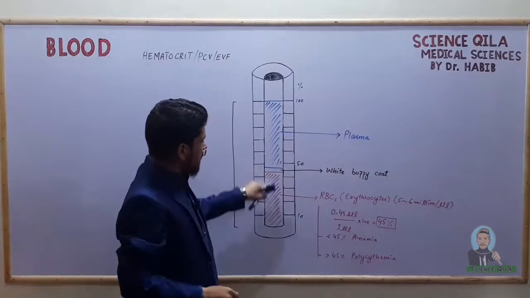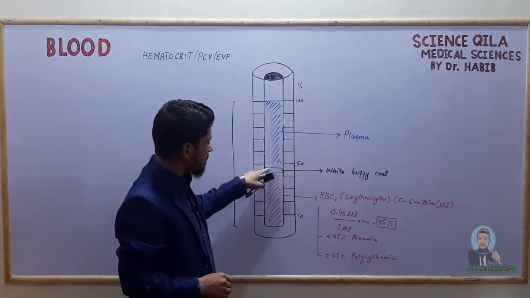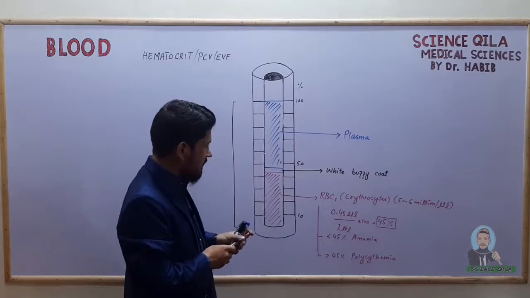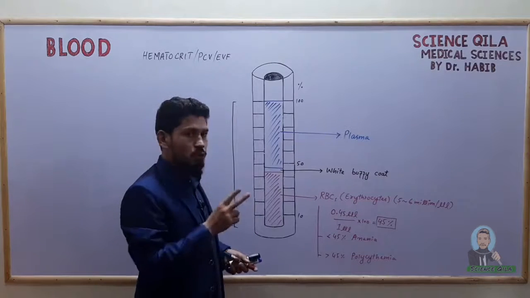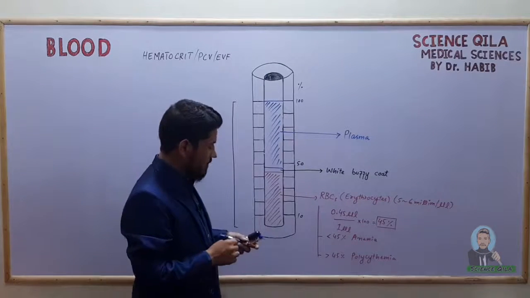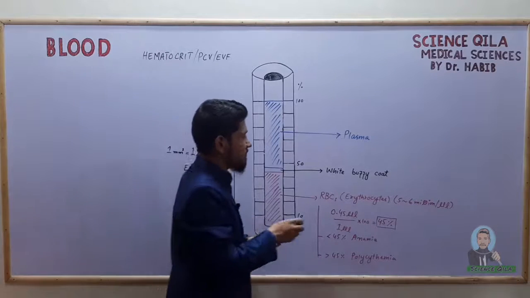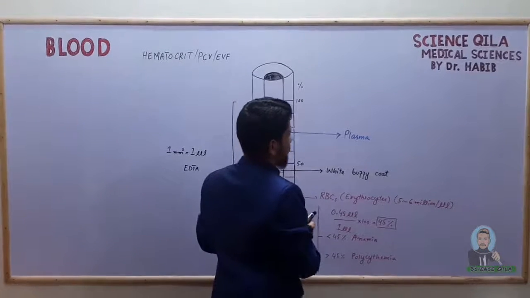The next layer here in the middle, that is the white buffy coat, is composed of two things. This layer is actually formed by the aggregation of WBCs and platelets.